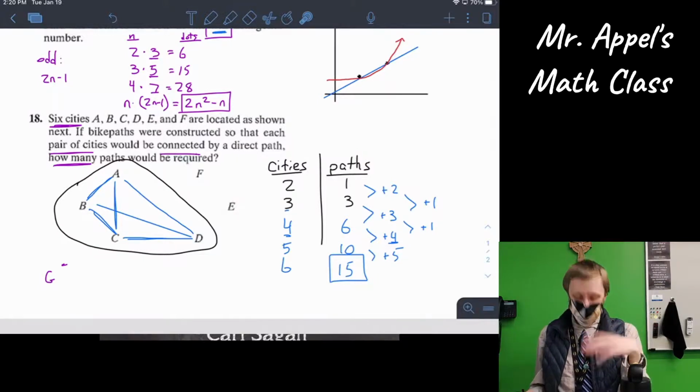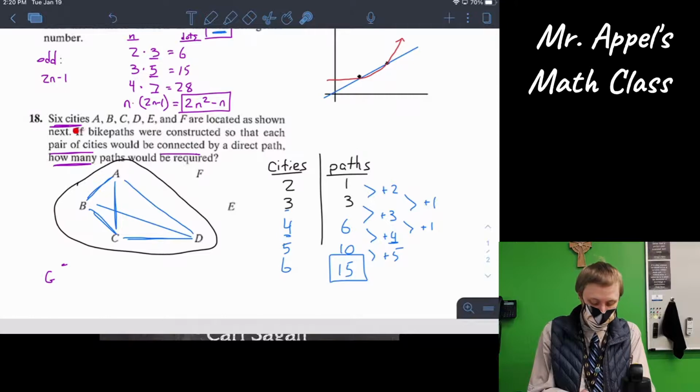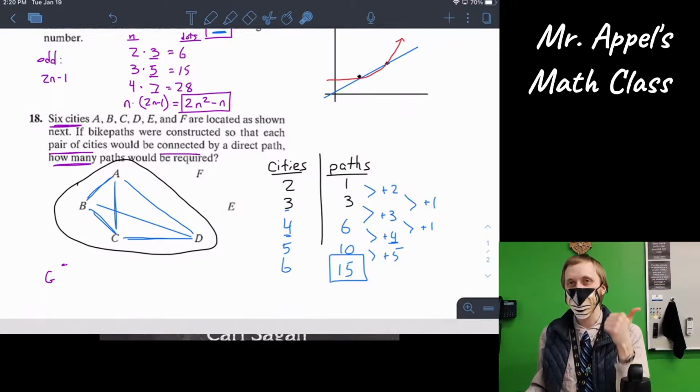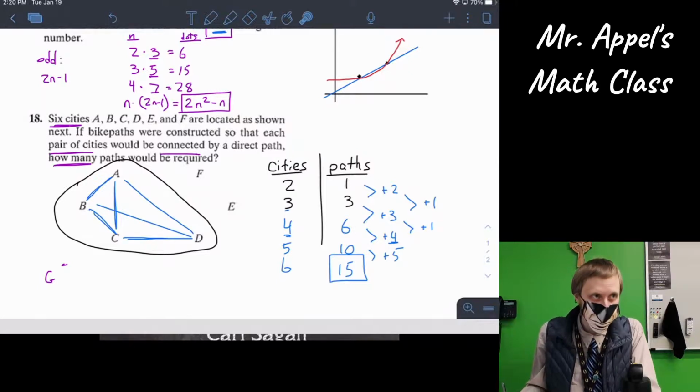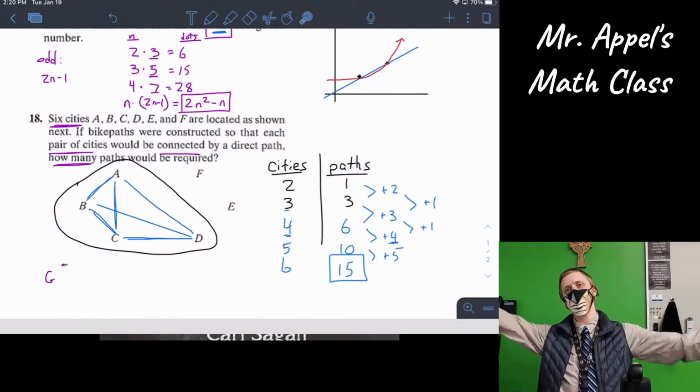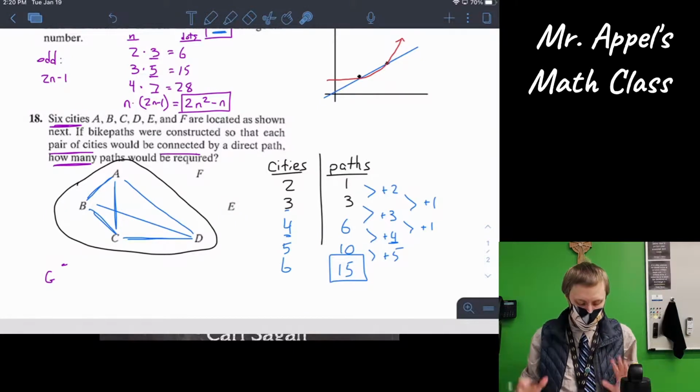But I would recommend, if the question only asks for one answer the first time, the next time you come across the same question, go ahead and get the general formula, if you don't already. Even though I'm only adding one more, what happens if he comes in next week? What happens if this takes off like hotcakes and everybody goes, yes, we love county-wide networks of bike paths?